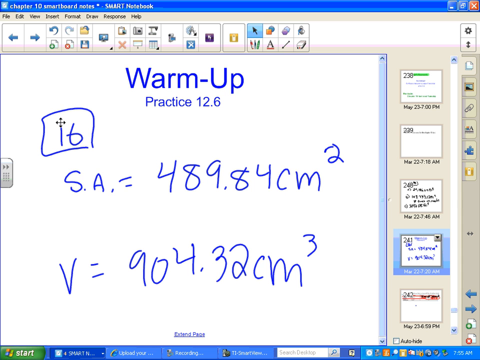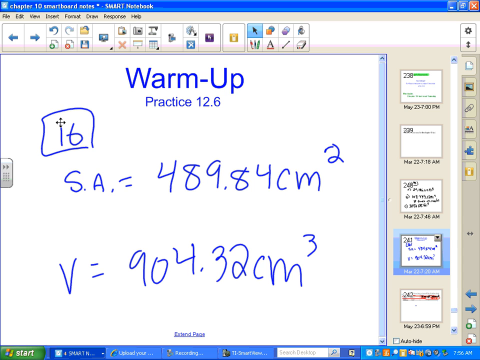Yeah, it's a hemisphere. It's half of a sphere. No, you're not subtracting anything. Oh, yeah, that's the way you do it. Yeah, the cylinder, I just take off one of the bases. You subtract the base. That's fine.